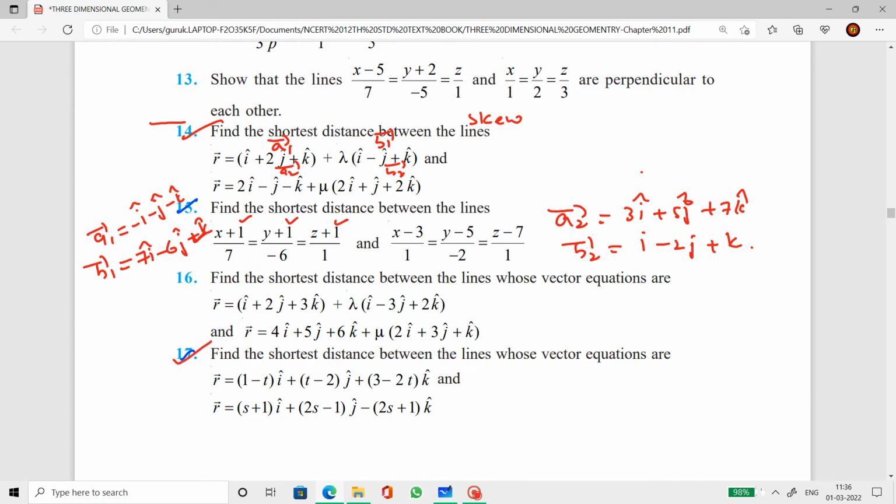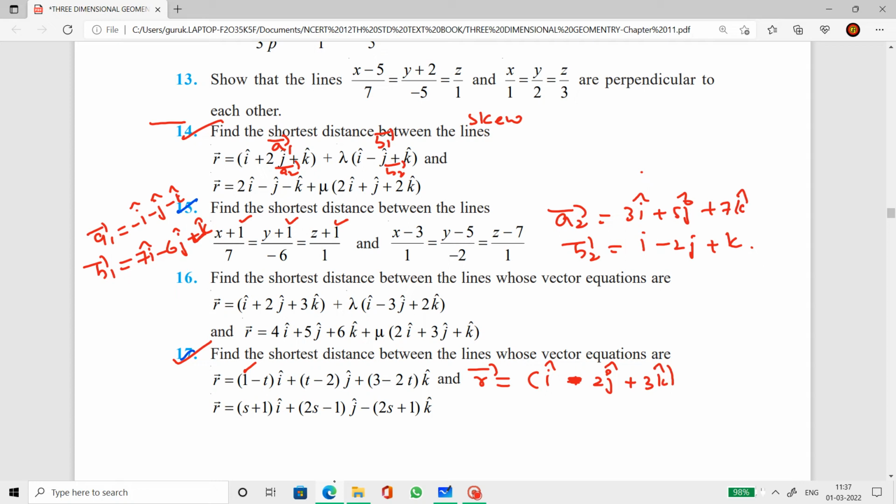Now see the 17th question. Well, 17th question is neither of vector form nor of Cartesian form completely. But it is in vector only, but not in the standard form, okay? So let's group the terms. R vector equals the ones that don't have t and the other that has t. So I'm grouping the one that doesn't have t. So i cap plus, minus 2j cap plus 3k cap.